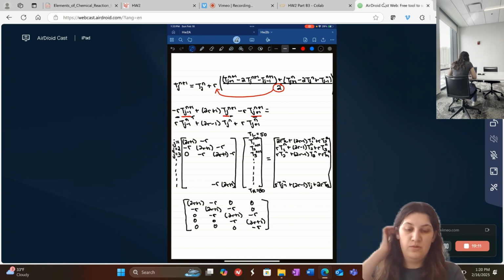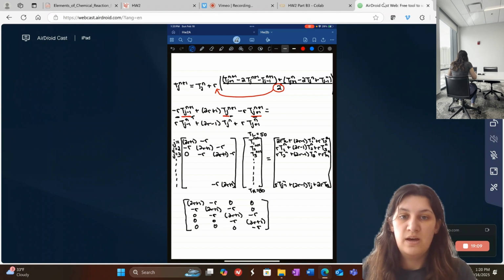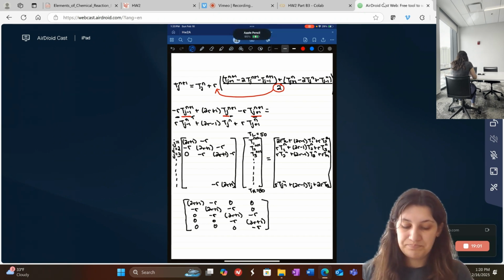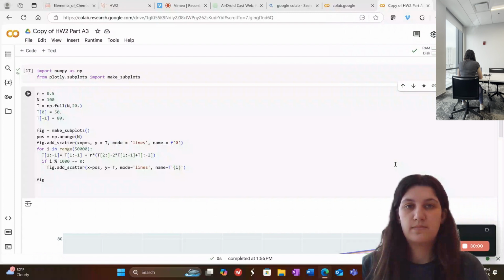Now that we have that set up, we can go ahead and use the tools provided by Python to evaluate this and actually plot it.